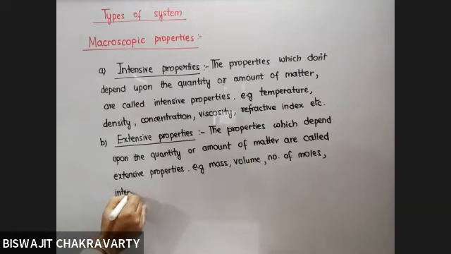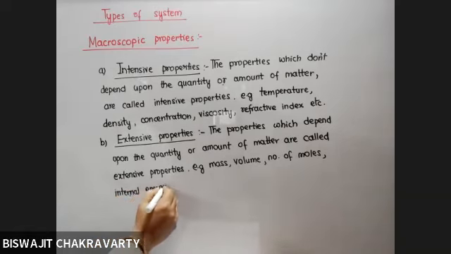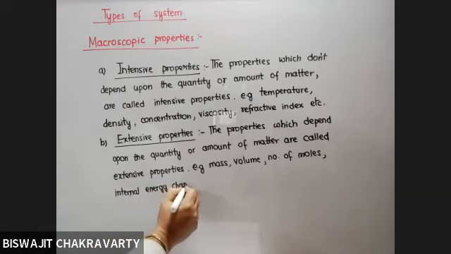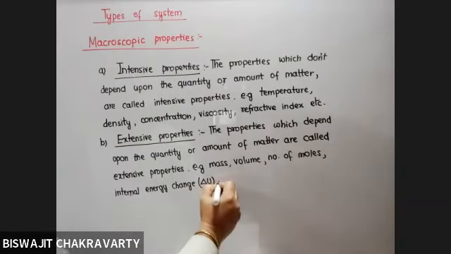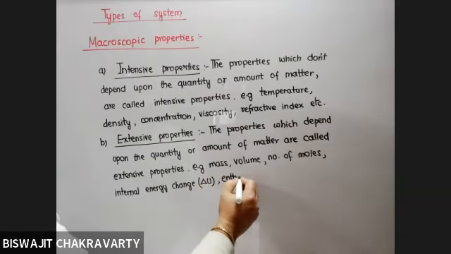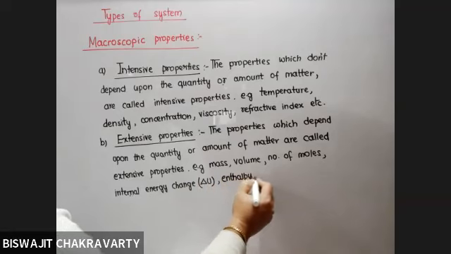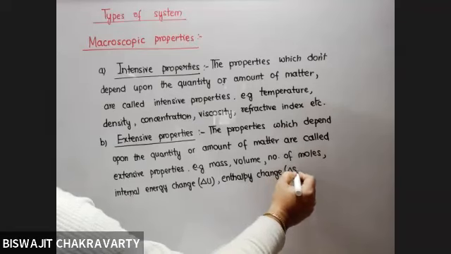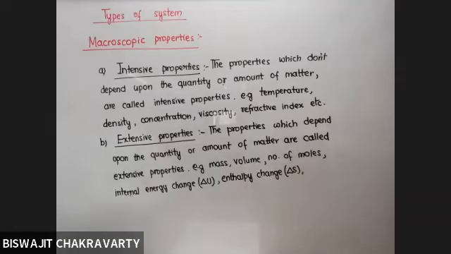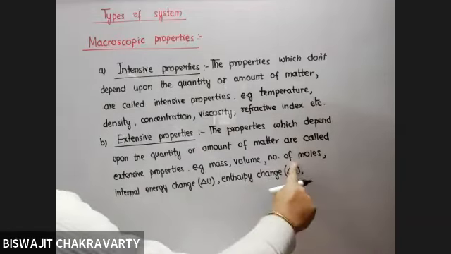Internal energy change, we'll discuss it in detail later on, but for the time being you simply remember it is denoted by delta U. Enthalpy change, denoted by delta H.